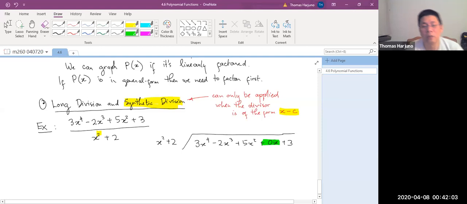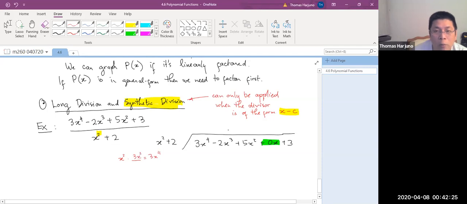Okay, now let's start with the division. X squared times what gives me 3x to the 4? That is 3x squared, right?